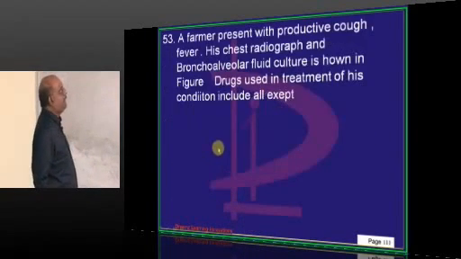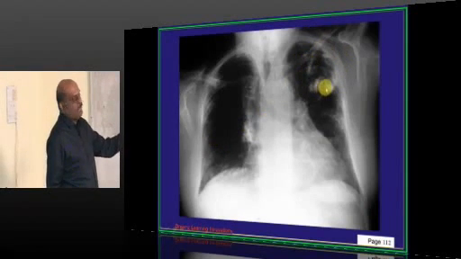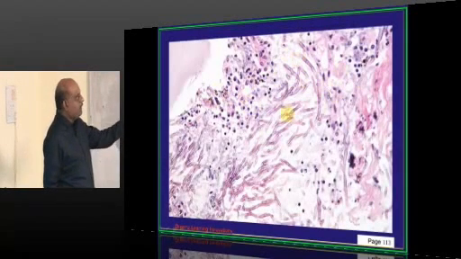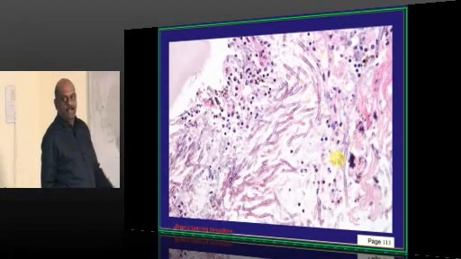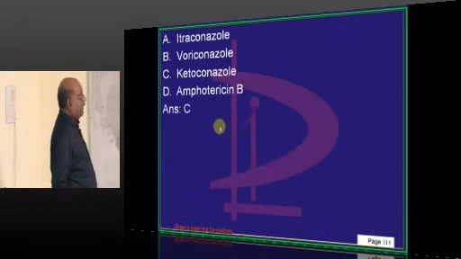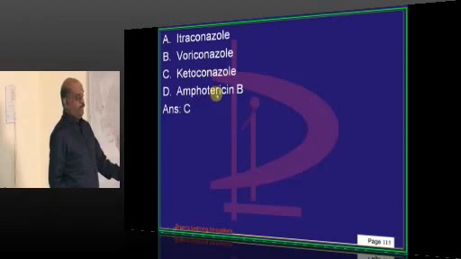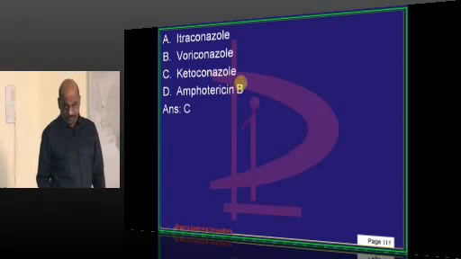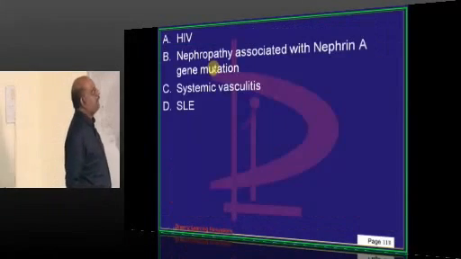A farmer presents with a typical cavitating lesion, and the sputum shows hyphae and fungi, which is typically Aspergillus. How do you treat it? You give itraconazole, voriconazole, amphotericin B, but not ketoconazole, to treat invasive infections like aspergillosis.